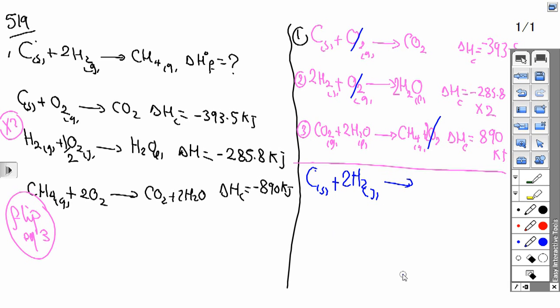So we took 2H2. Carbon dioxide, do we have other carbon dioxide? We have one. Cancel them together. H2O, we have 2H2O and 2H2O. Cancel H2O with H2O. So carbon plus 2H2 produce CH4.